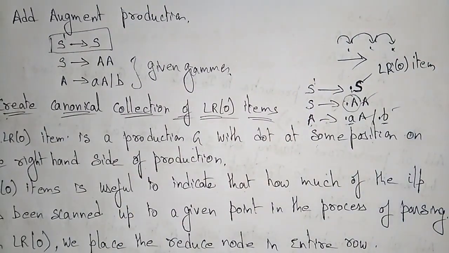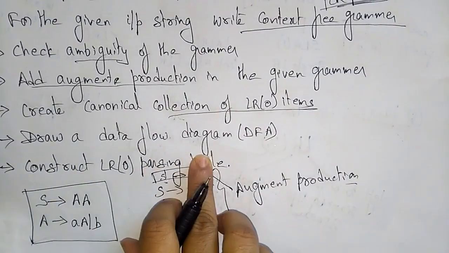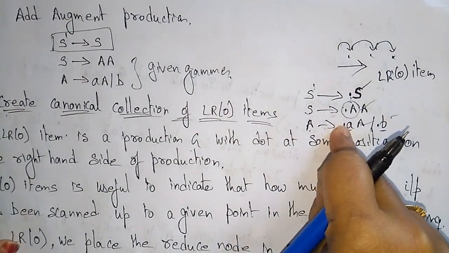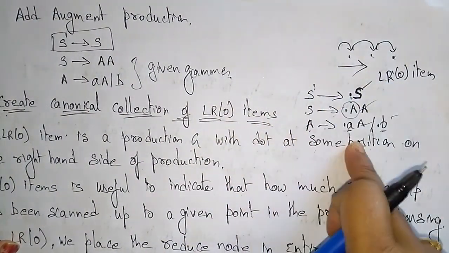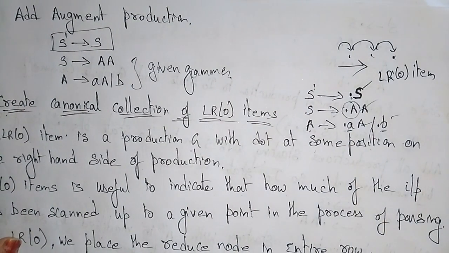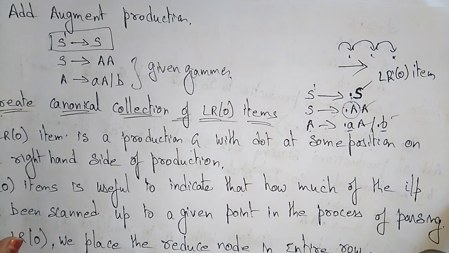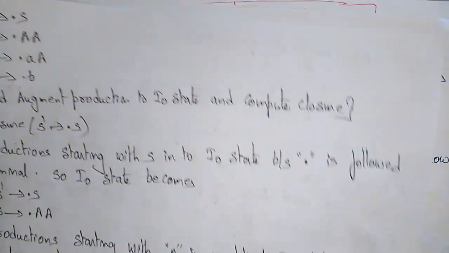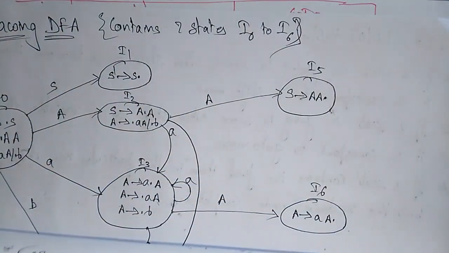Next, I have to draw a DFA diagram. With the help of the canonical collection items, that is, the LR0 items, I am going to draw the DFA diagram. These are all the steps to follow. For each and every state I have taken I0, I1, I2, different states.